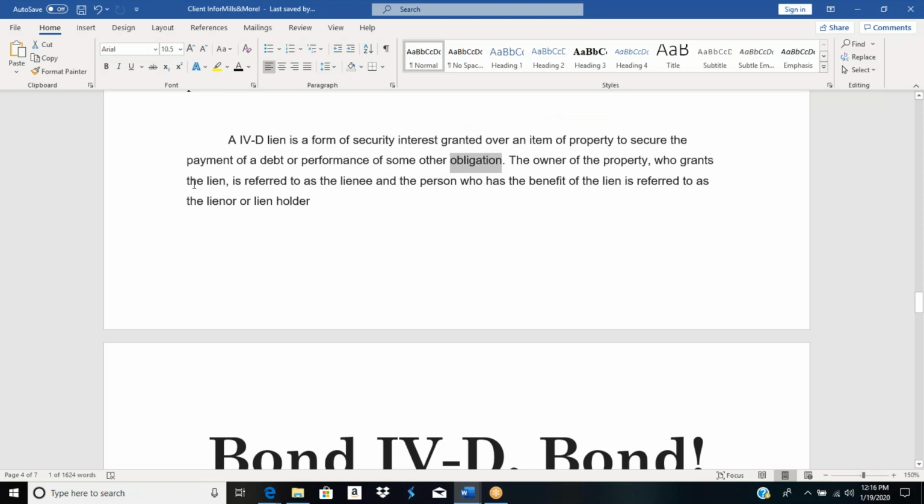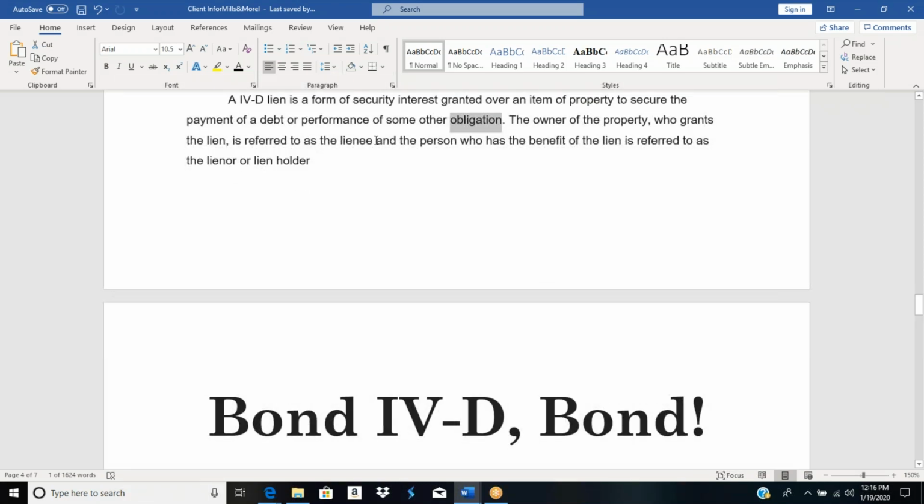The owner of the property who grants the lien is referred to as the lienee. The person who has the benefit of the lien is referred to as the lien holder. Who does Title 4D benefit? It benefits the lien holder, which is the Federal Office of Child Support Enforcement. They're the actual lien holders. So a notice to the lien holder is very crucial to them.